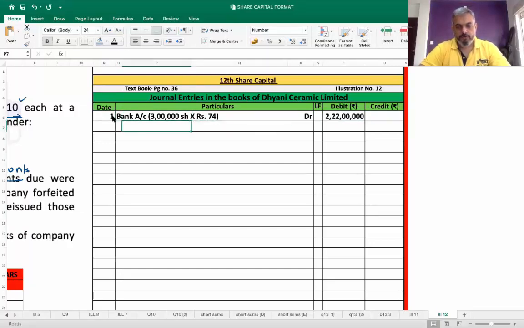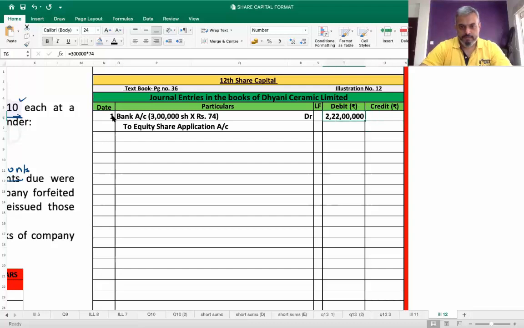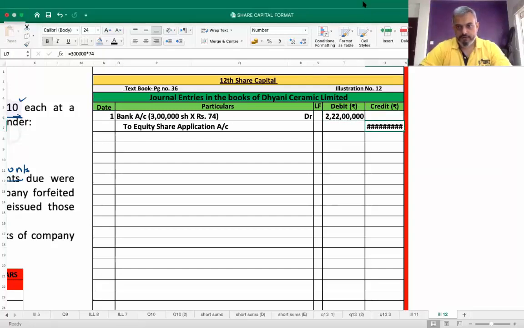So 2 crore 22 lakhs to equity share application account, 2 crore 22 lakhs.